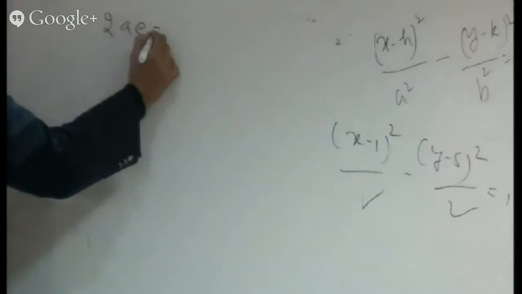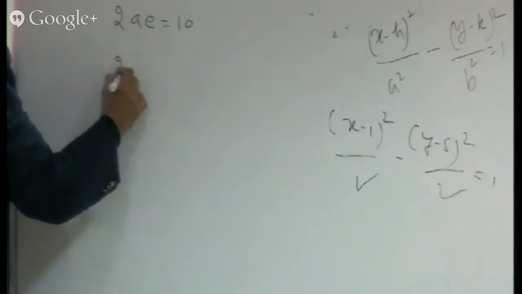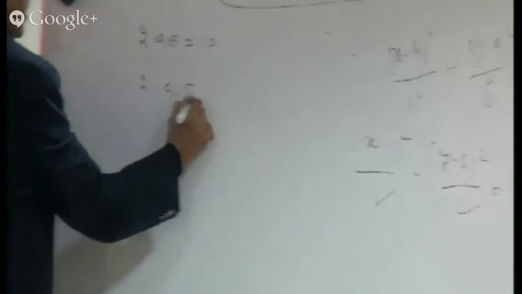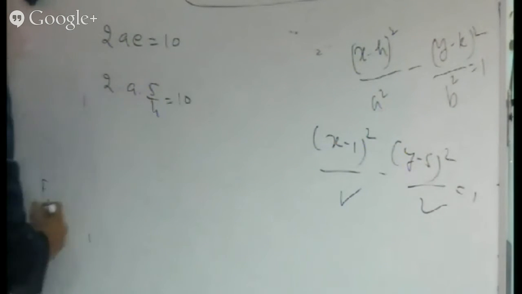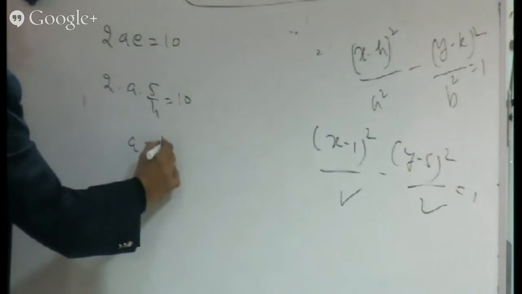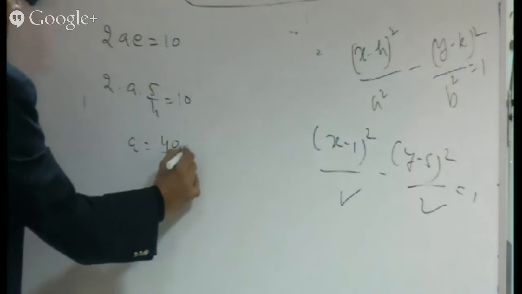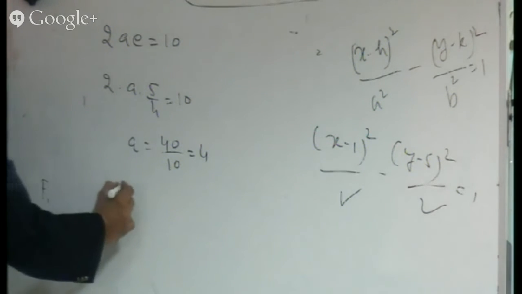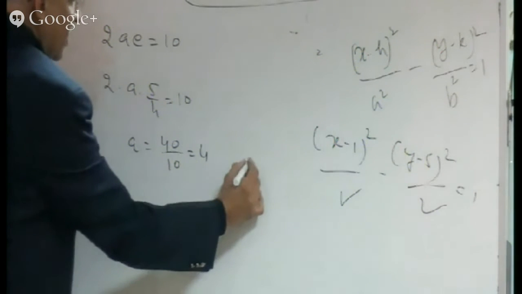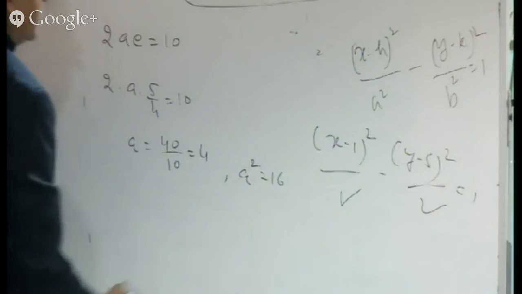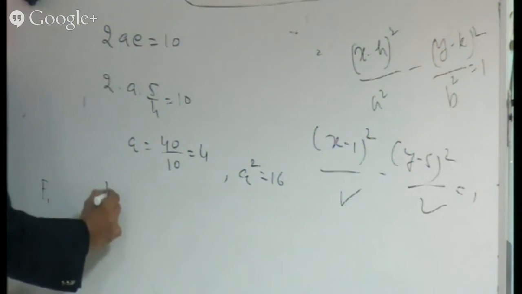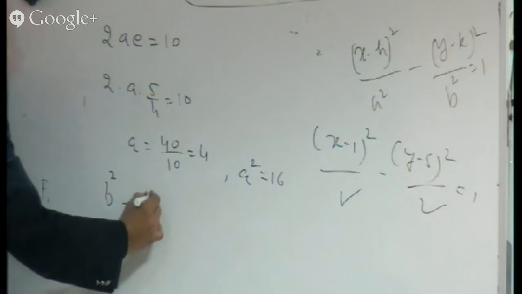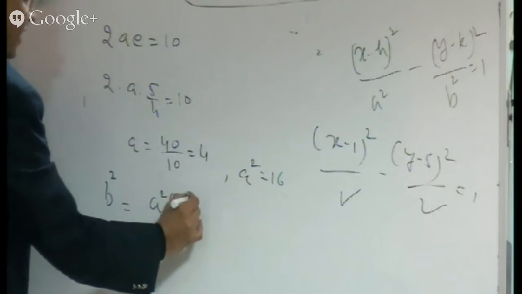So let us solve. 2AE is 10, means 2 into A into 5/4 is 10. That means A is 40 divided by 10, 4. When A is known to me, I definitely know A square, which is 16. Are the calculations okay? B square is A square, E square minus 1.